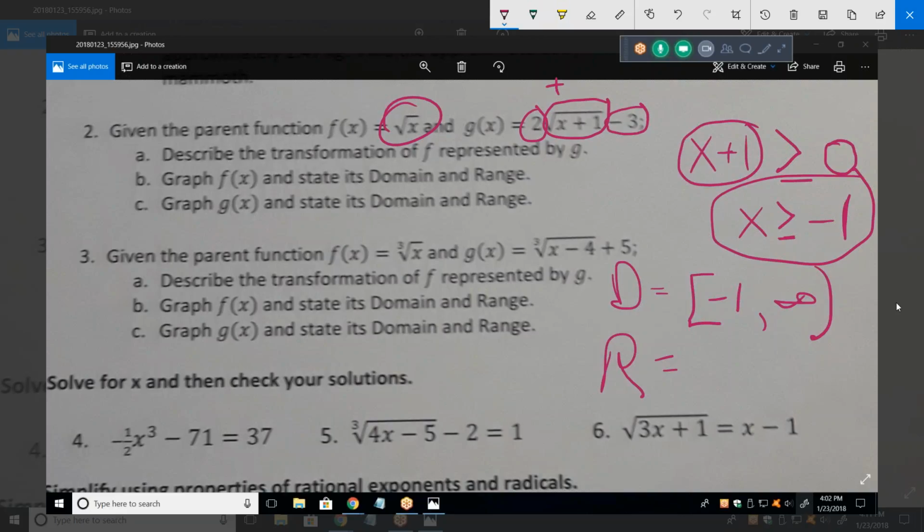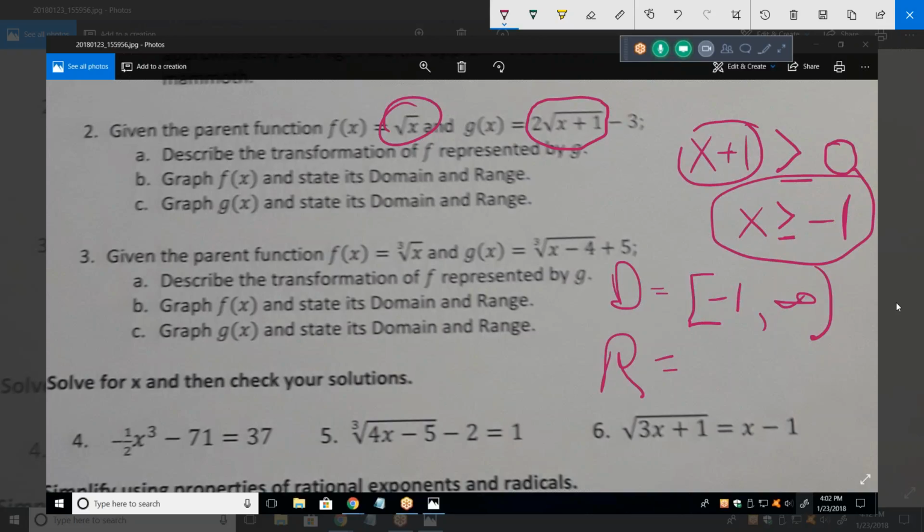However, x could be minus 1, so this could be 0. What's the smallest possible number that can be? 0.